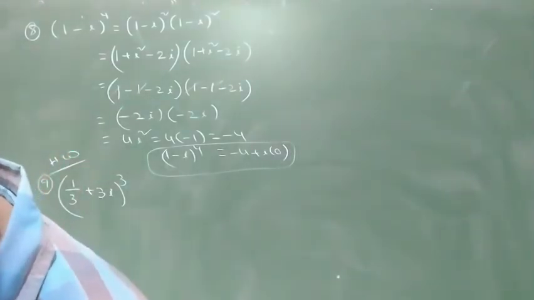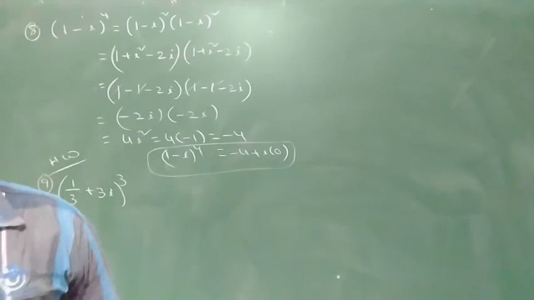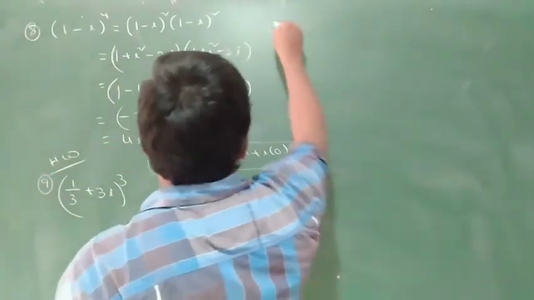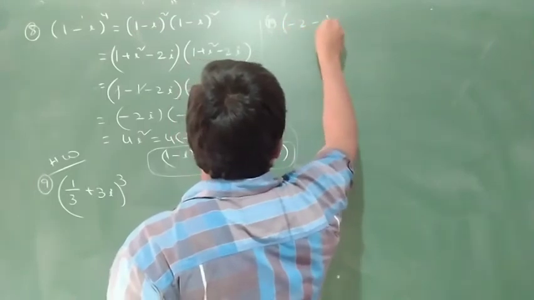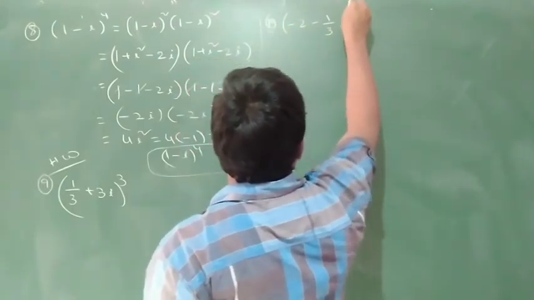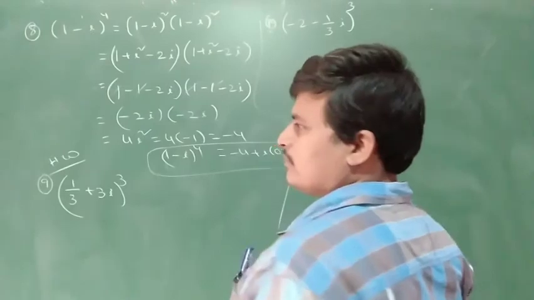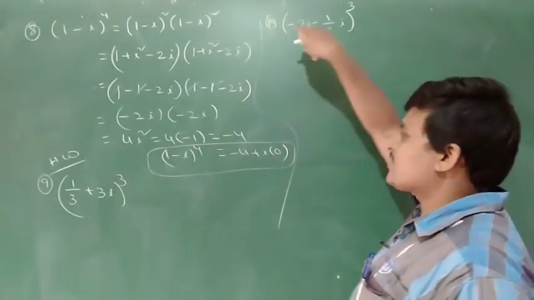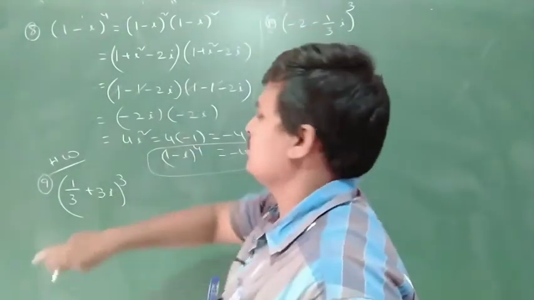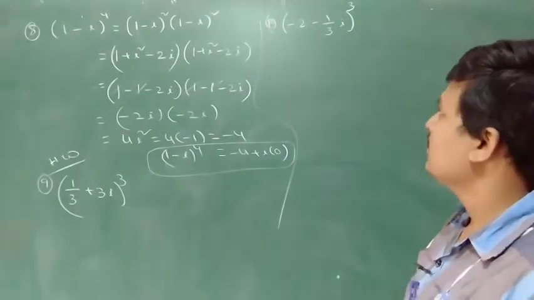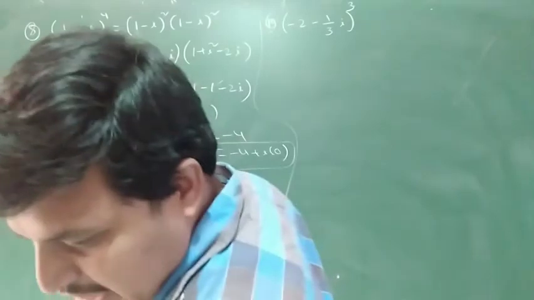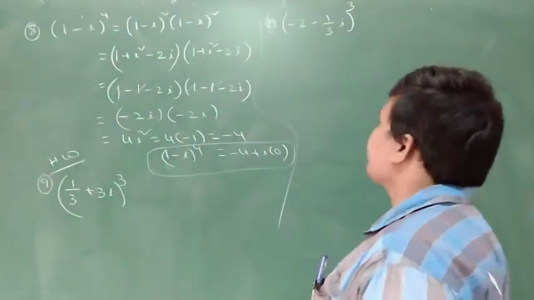Another one, in the same way, tenth problem: (minus 2 minus 1 by 3i) whole cube. Okay, I will explain this one. The ninth one is homework. Minus 2 minus 1 by 3i.